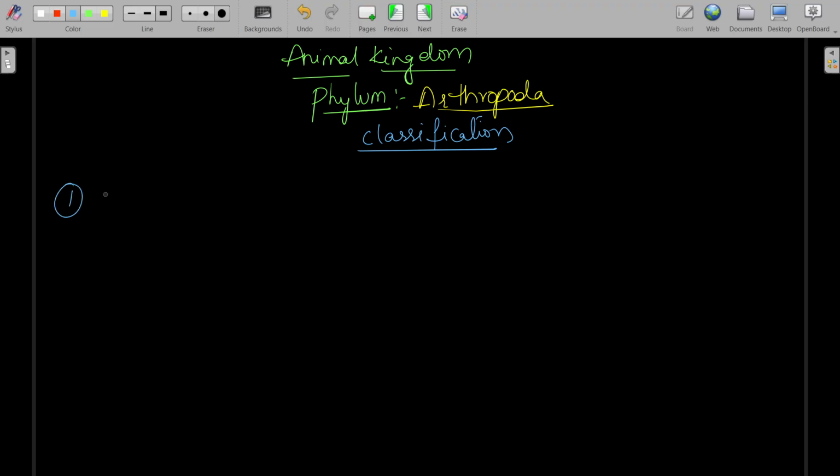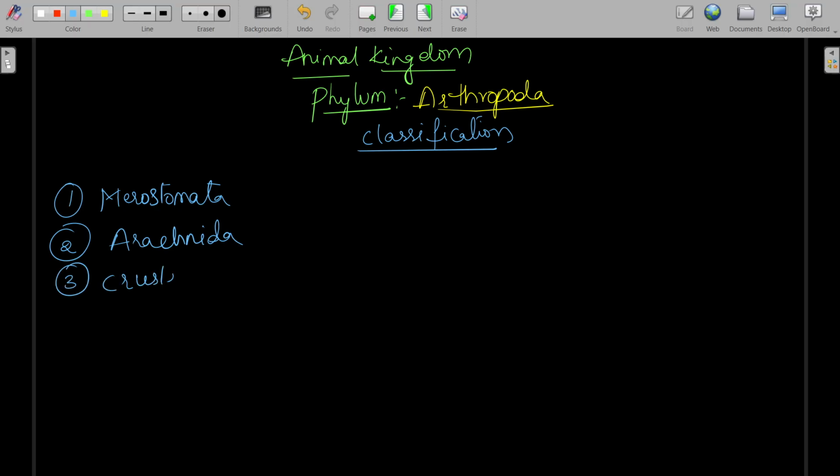and they are: first one, merostomata. Second one is arachnida. Third class is crustacea. Fourth one is Diplopoda.